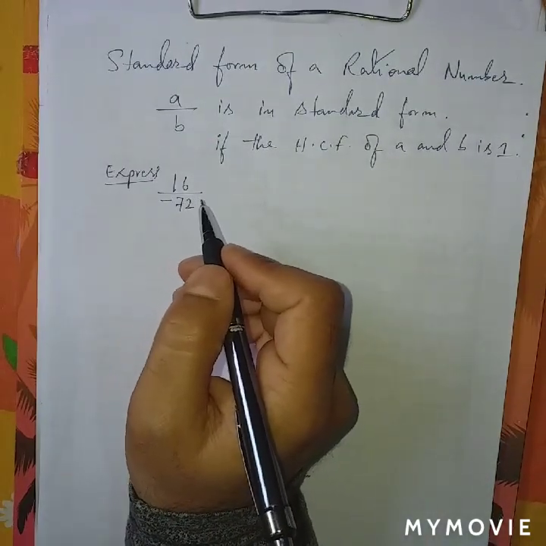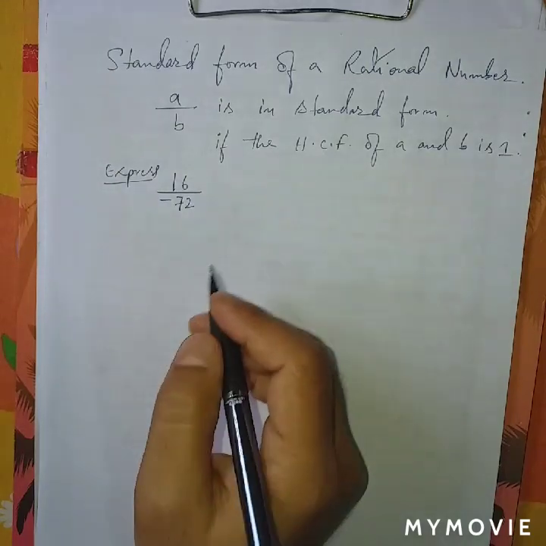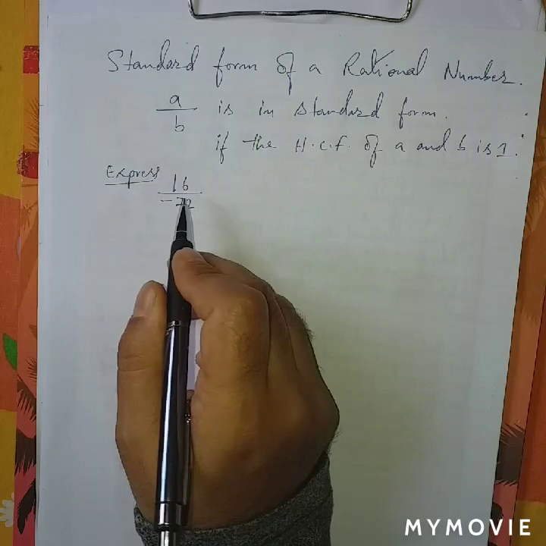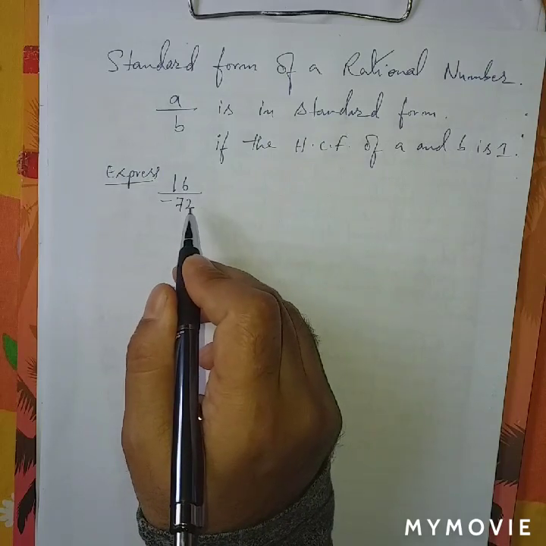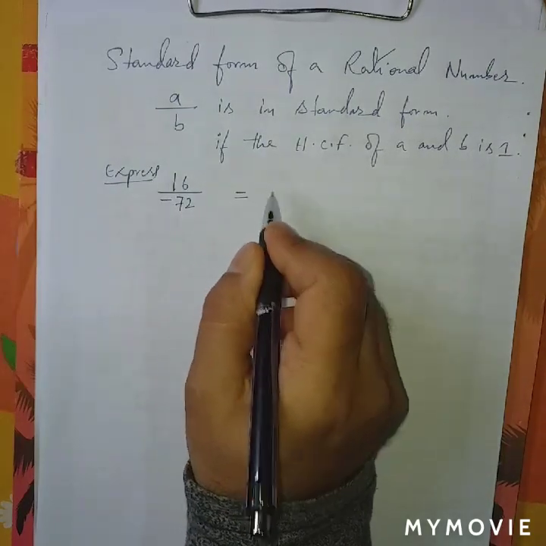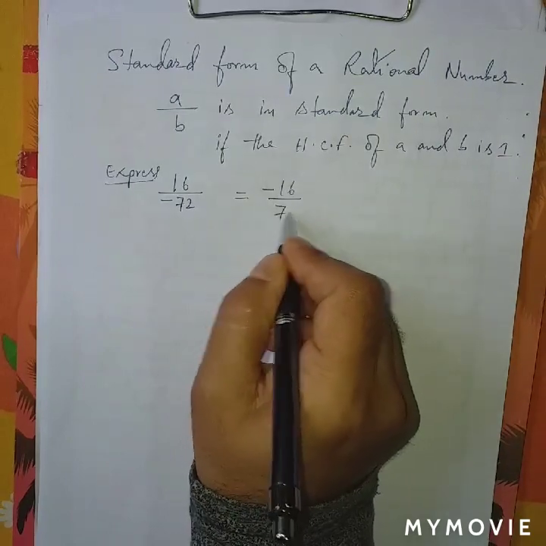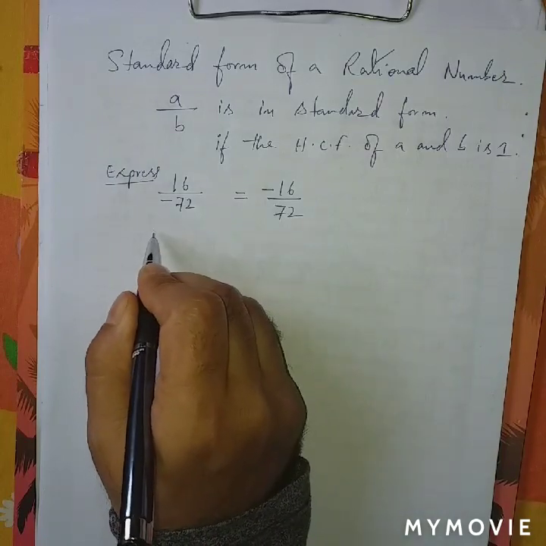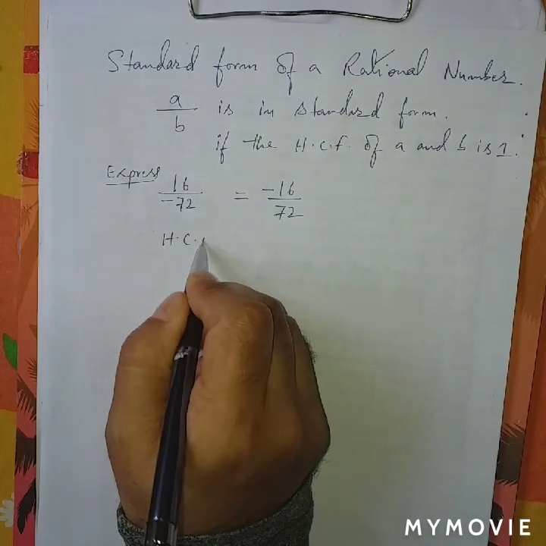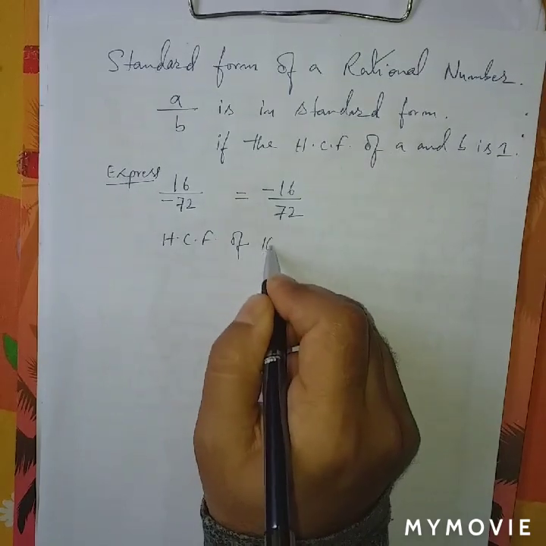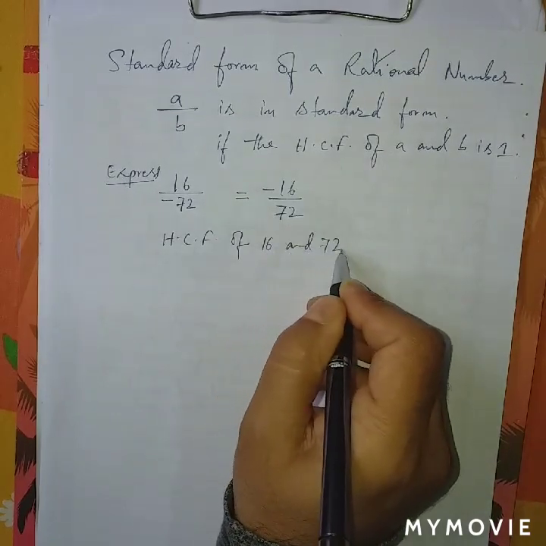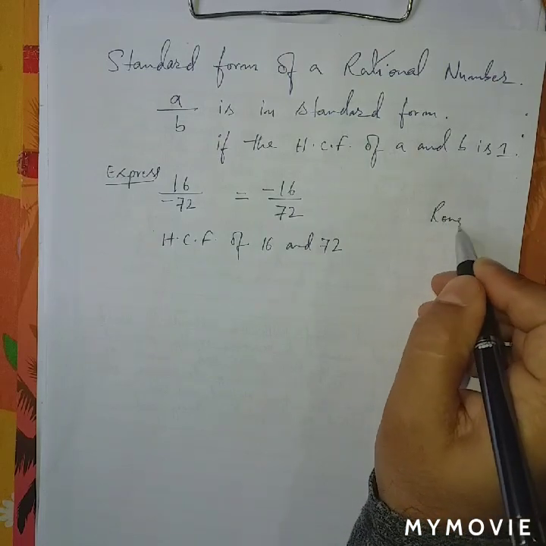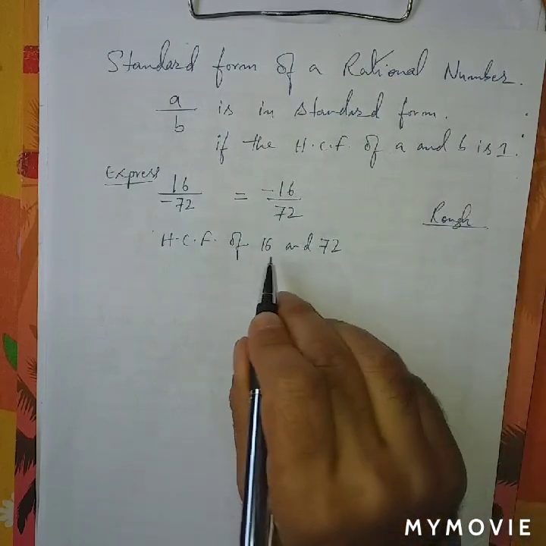So here, first of all we have to make it a positive number. Denominator should be positive. So we can write this one as minus 16 by 72. Yes or no? Now the HCF of 16 and 72 we have to find. So we can go for a rough work to find this.